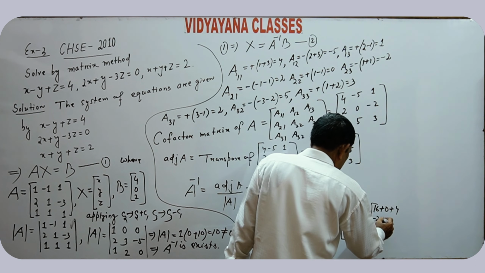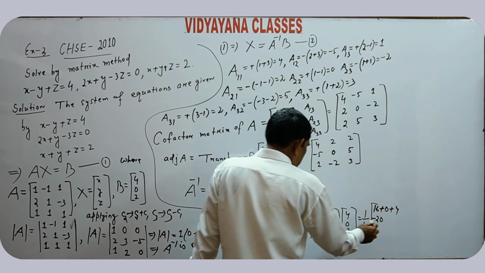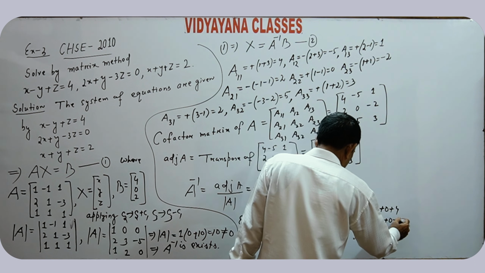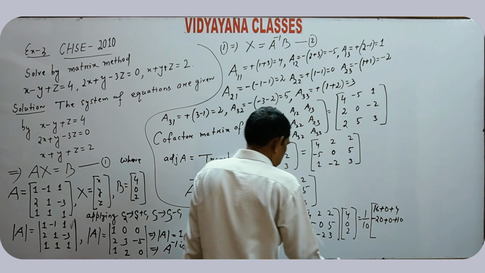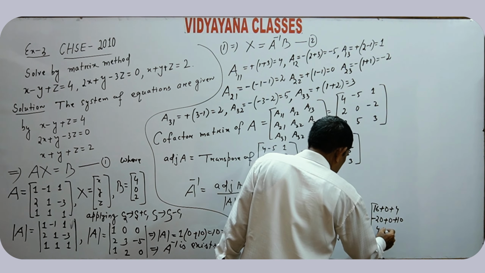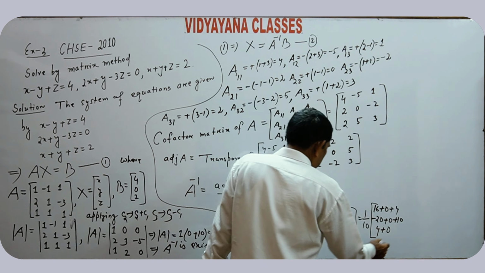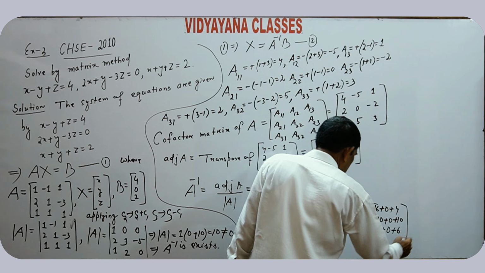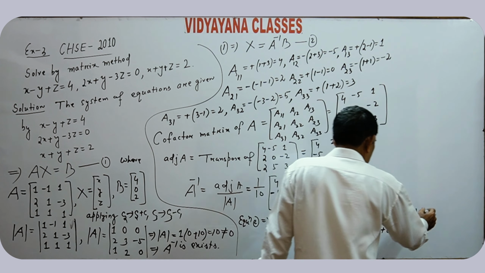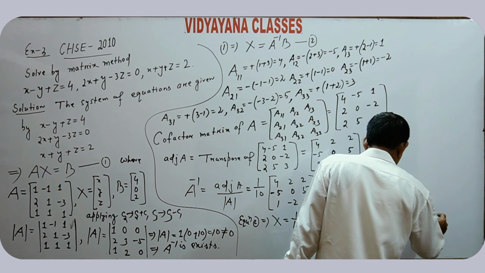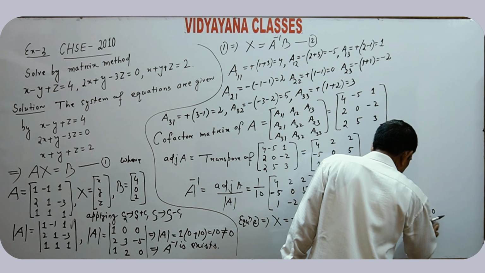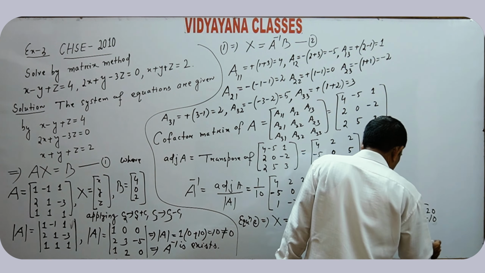Minus 20 plus 0 plus 10. 4 plus 0 plus 6. Is equal to 1 by 10, 20, minus 10 and 10.